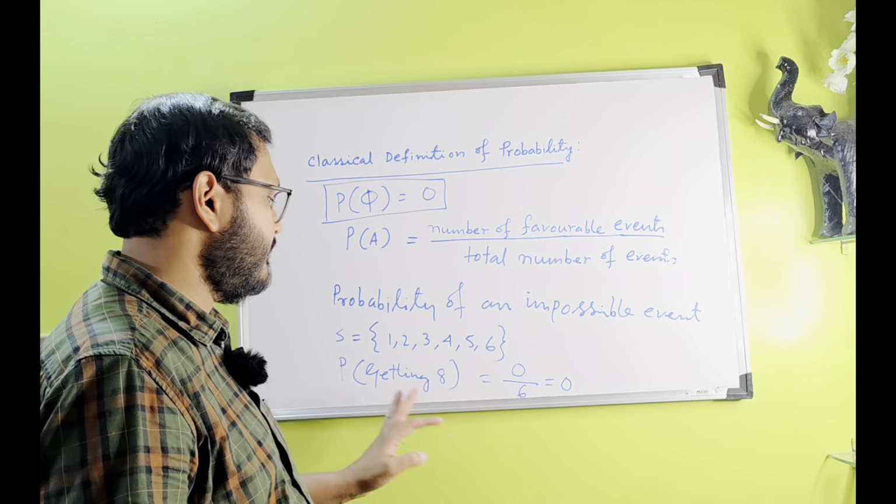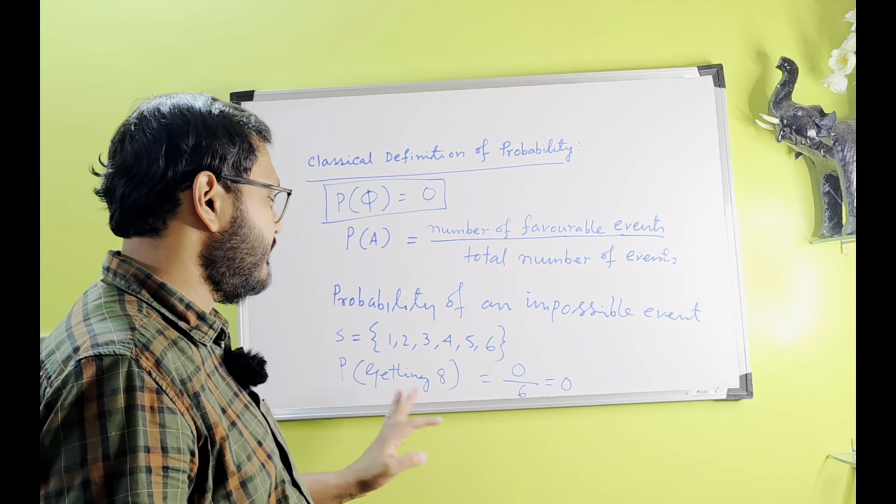What is the definition of events? Events are subsets of this set. And the cardinality of the subset, the number of elements in the subset, cannot be more than the total number of elements of this set.